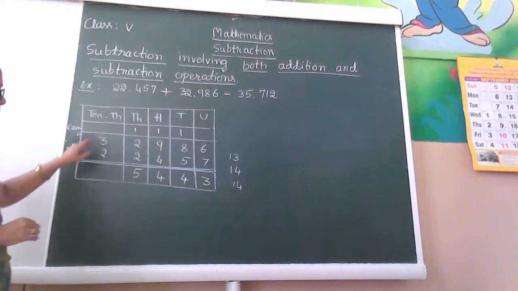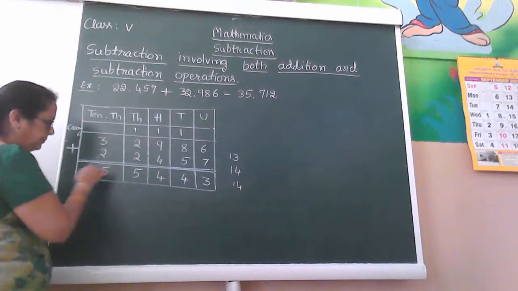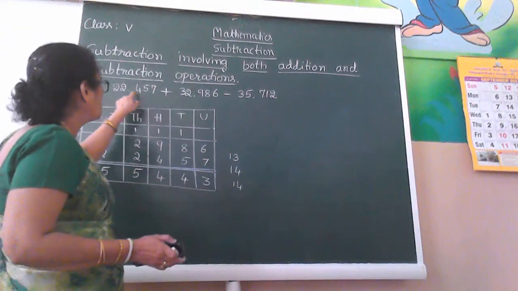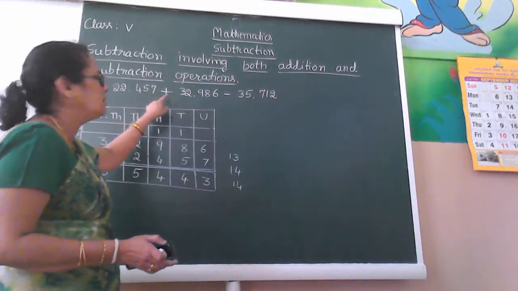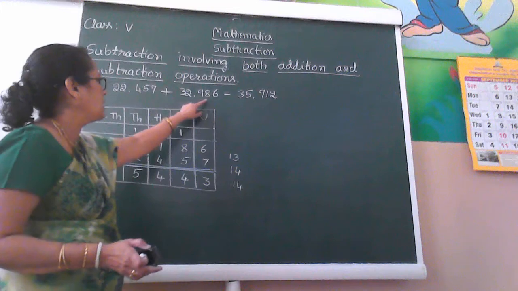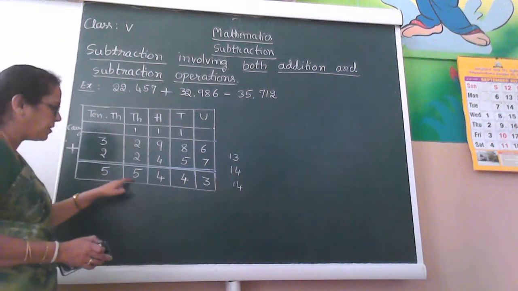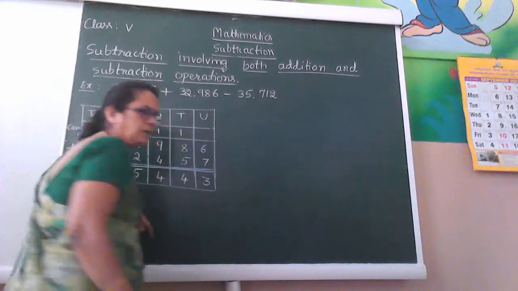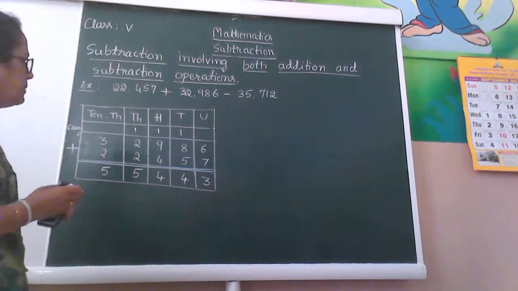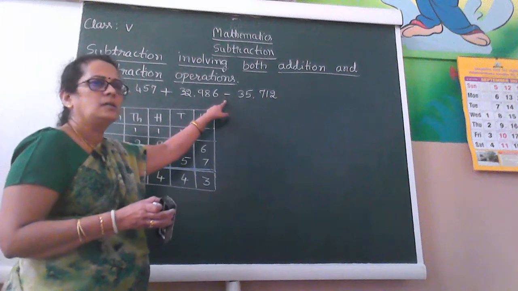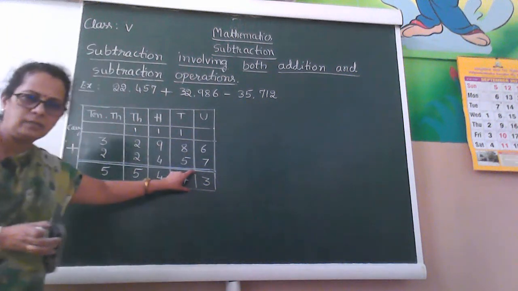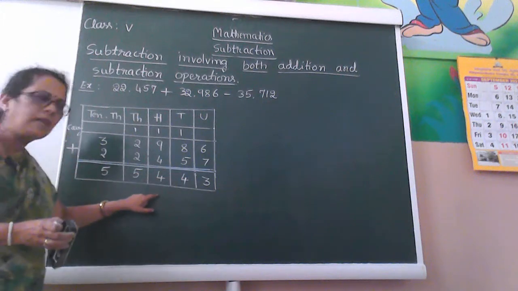Next 2 plus 3, it is 5. So after adding 22,457 and 32,986, we got 55,443.